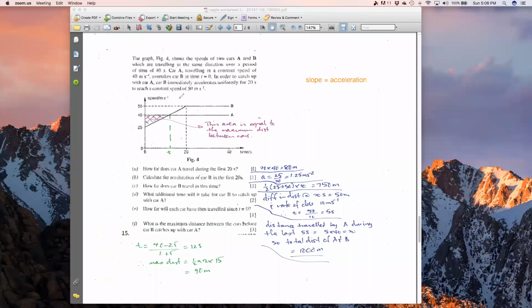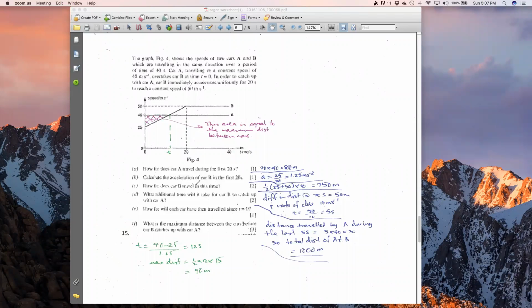We just have to find the slope. The slope is the rise over the run, and the rise is from 25 to 50. So the numerator would be 25, V minus U. And the time, the run, is 20. So 25 over 20 gives you 1.25. Pretty straightforward to get the acceleration. Right?